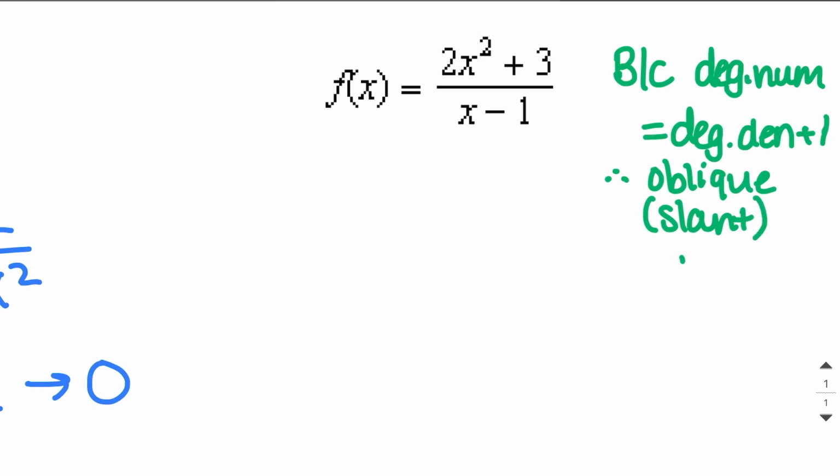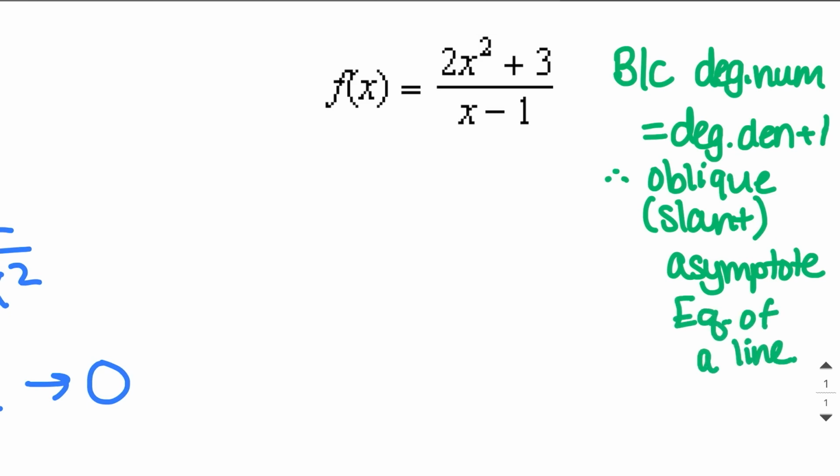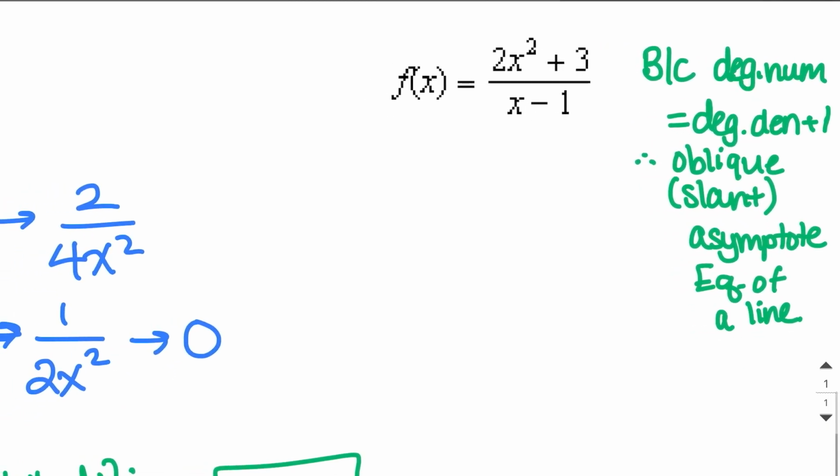Well, if we have an oblique or a slant asymptote, that means that we are going to have the equation of a line. It's going to be in the format y equals mx plus b. So right here, to find this, we only have one option, and our one option is long division.